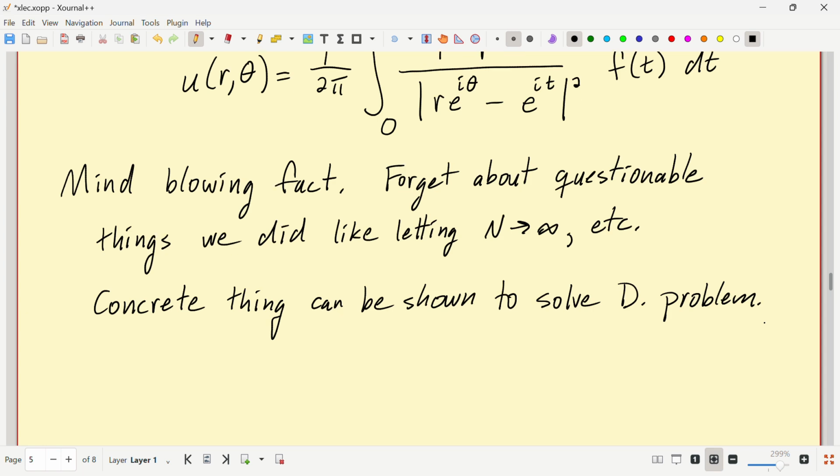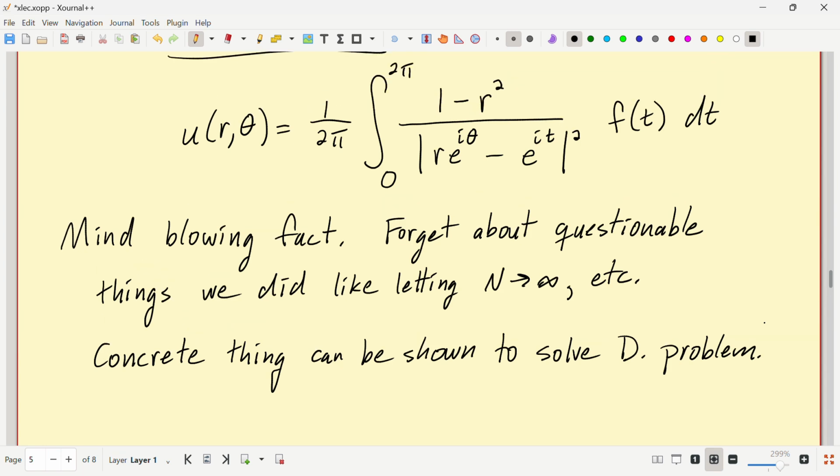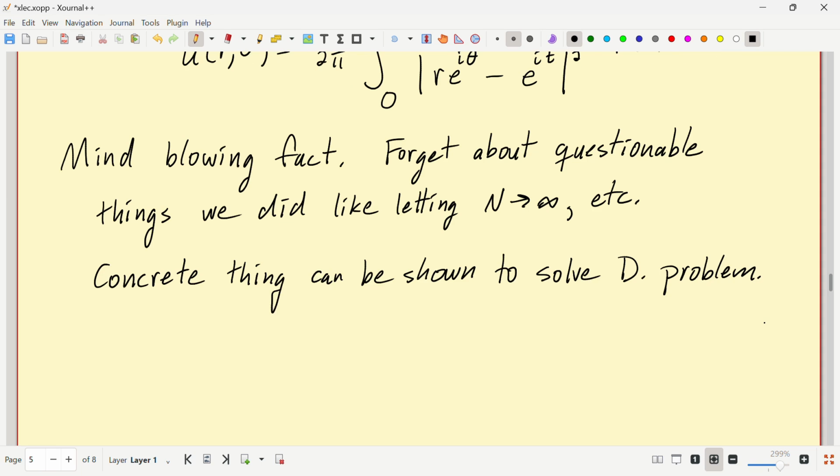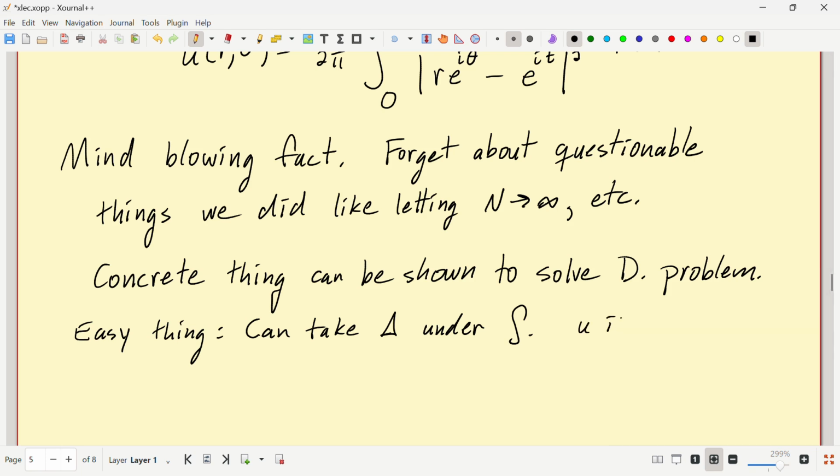And the thing that you might think would be hard is showing it tends to the right thing on the boundary. An easy thing first: I can take the Laplacian under the integral, so u is harmonic.